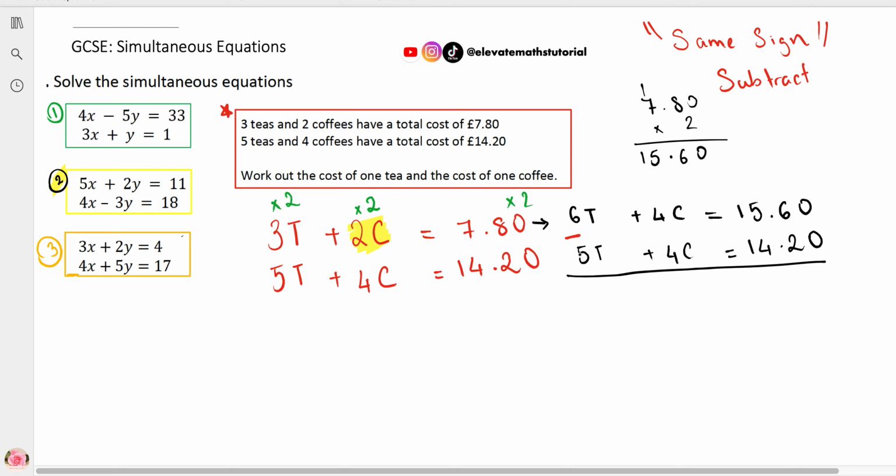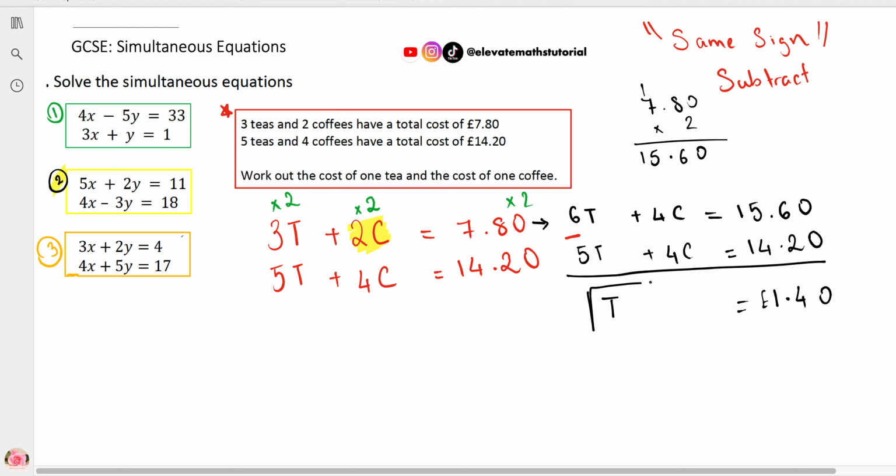So 6t minus 5t, that's t, perfect, because we'll get the price of a tea straight away. 4c minus 4c just disappears, as it's nothing. And then 1560 minus 1420, that's 0, that's going to be 4, and that's going to be 1. So the price of t is in fact 140.